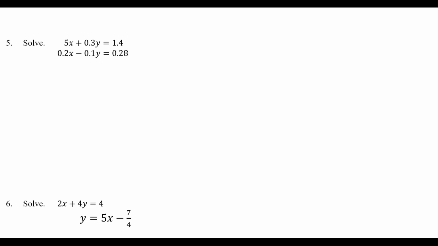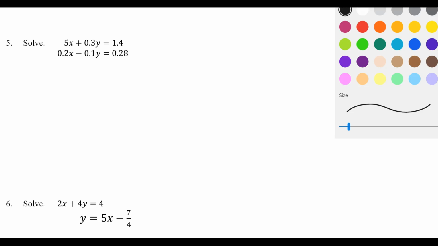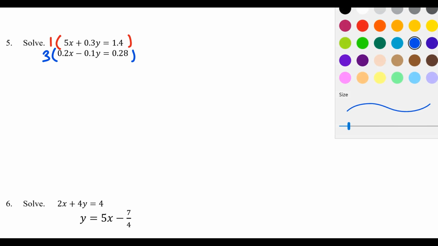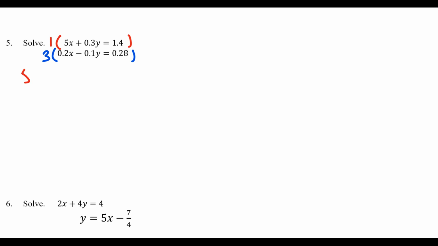So what I can do is I can still multiply the first equation by just a 1, because notice my y's are already opposite signs. And then I'm going to multiply my second equation by a 3, because 3 times 0.1 gives me that 0.3y. And so my first equation is still going to be 5x plus 0.3y is equal to 1.4.